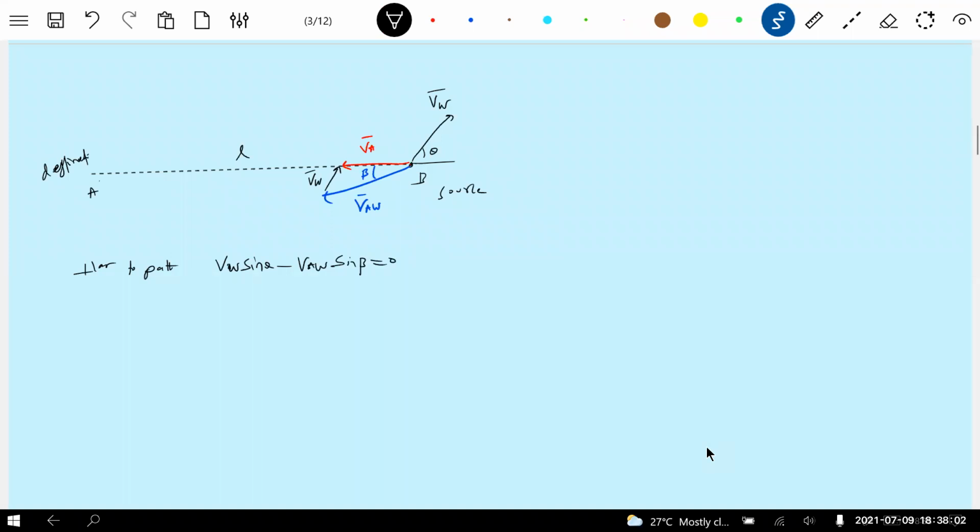Then what is the velocity VA bar? It should be the resultant of VAW cos beta minus VW sin theta. Are you looking at the negative sign? Resultant of those two.